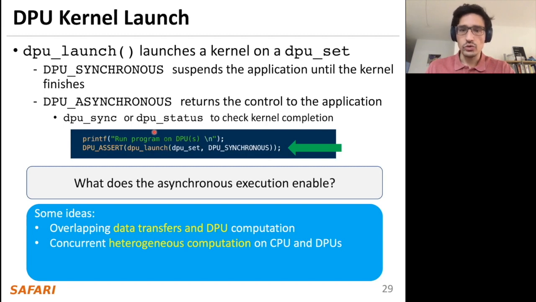Another thing that we could do here is to enable concurrent heterogeneous computation on the CPU and on the DPUs. Let me give you a very simple example.